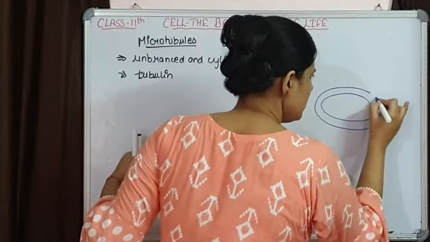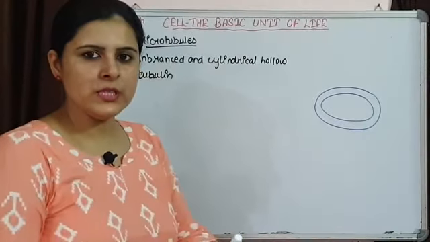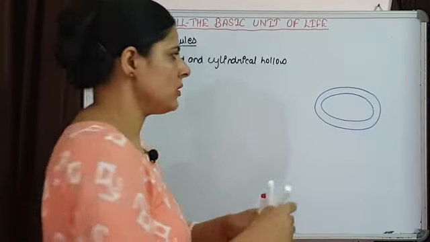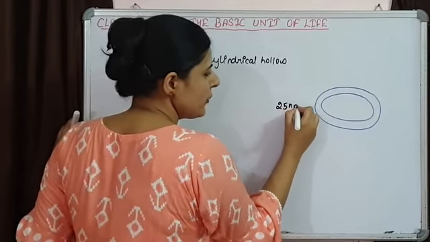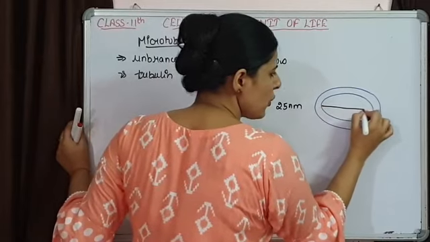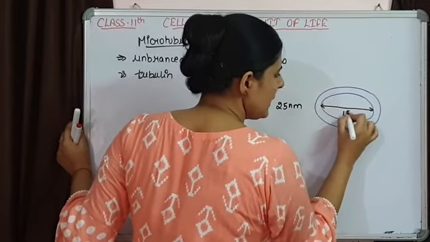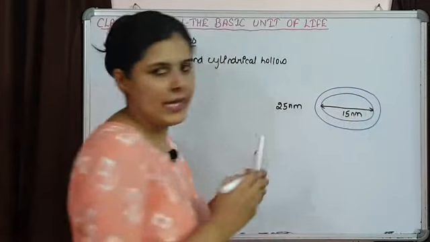Say this is the boundary of these microtubules. So the diameter, the thickness, is going to be 25 nanometer, but the hollow structure that is present in between is 15 nanometer.